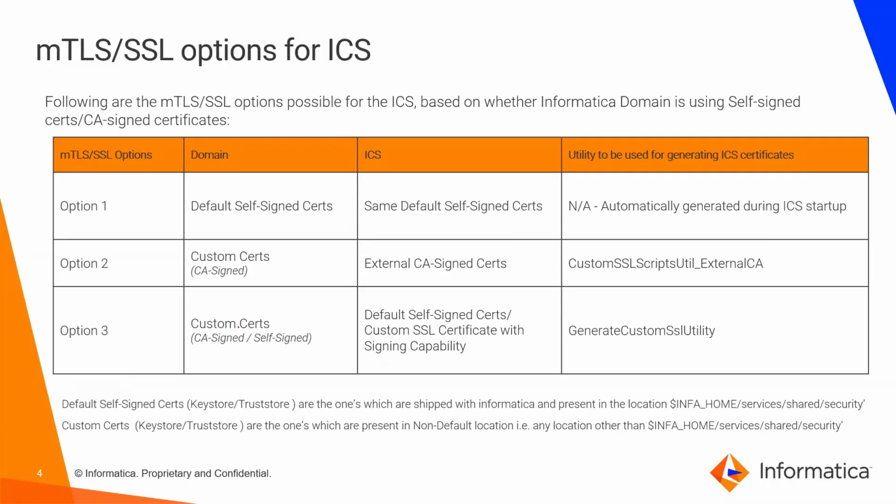For this session, I'm using an internal CA signed certificate for the domain, and for ICS I have created one custom self-signed certificate which is having signing capability. So let me show you what changes I have made in the administrator console and how this certificate will look.